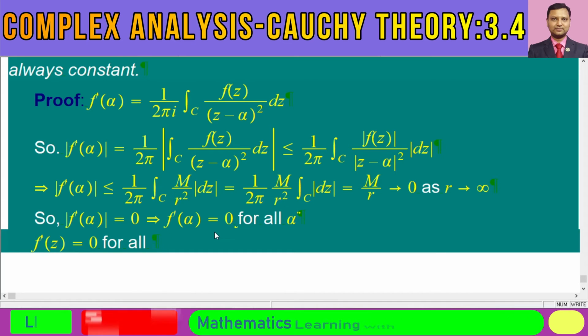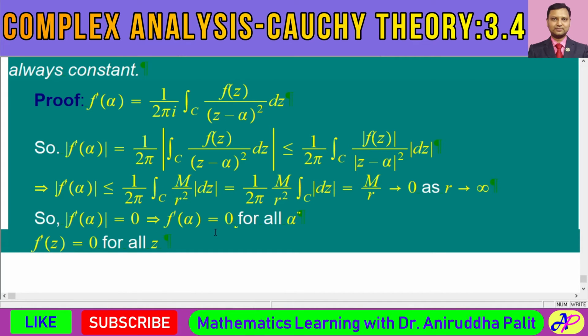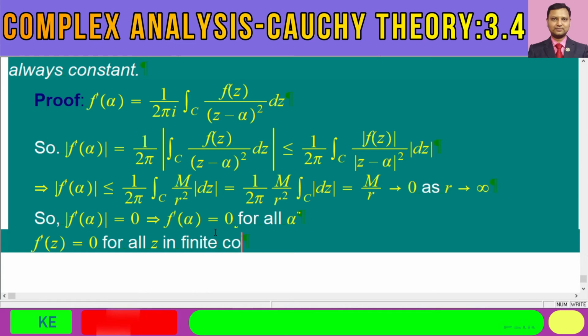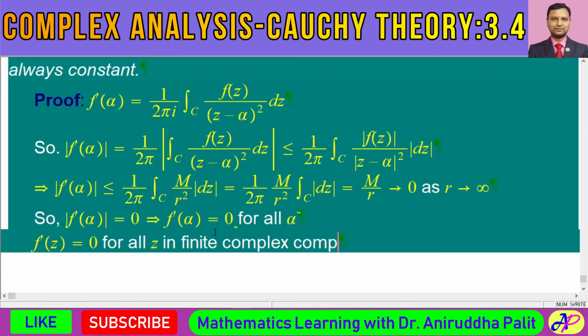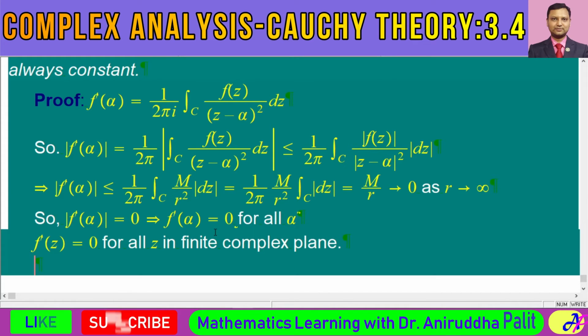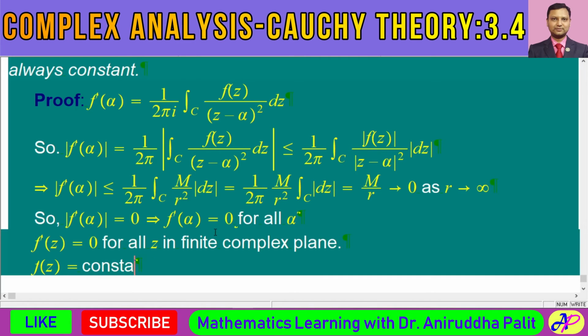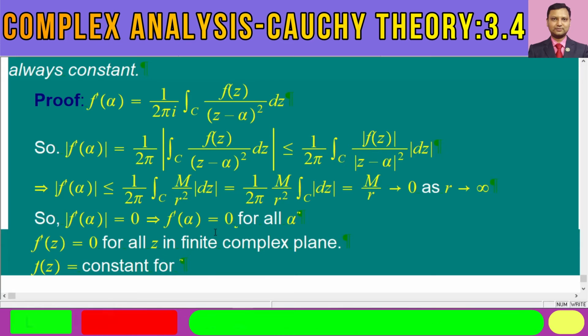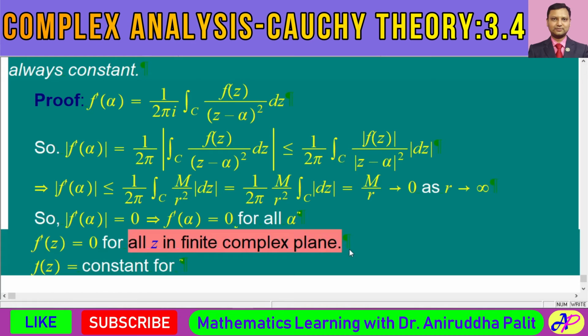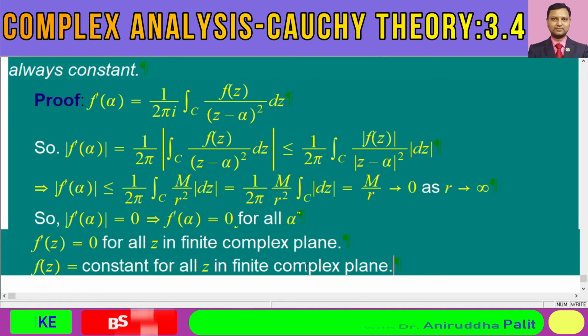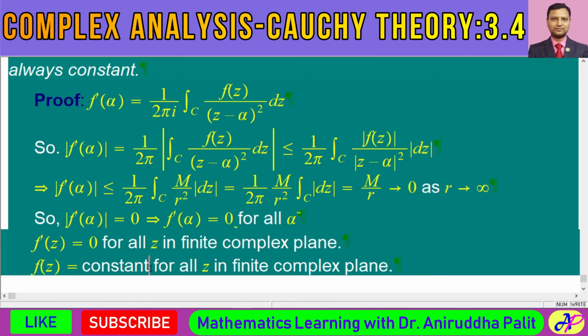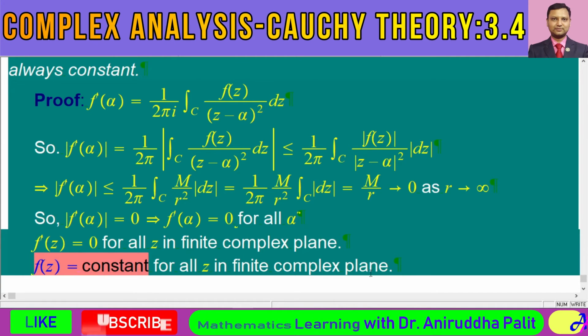F dash z should be equal to 0 for all z in the finite complex plane. And if it is so, it means that f of z must be a constant for all z in the finite complex plane.